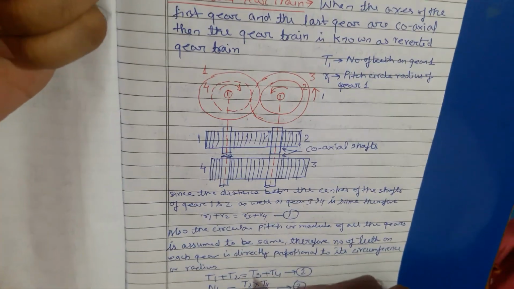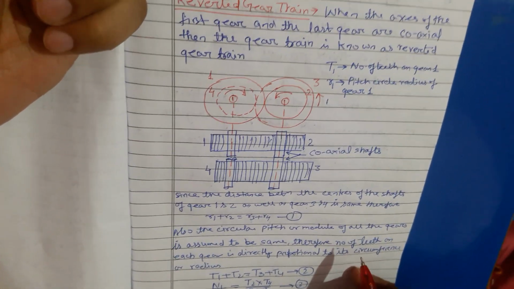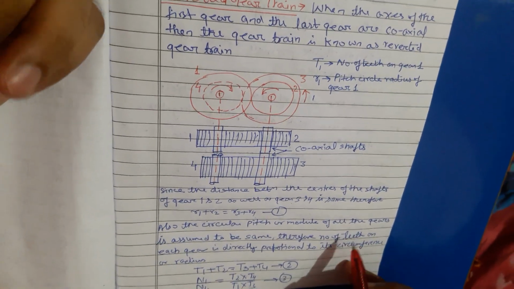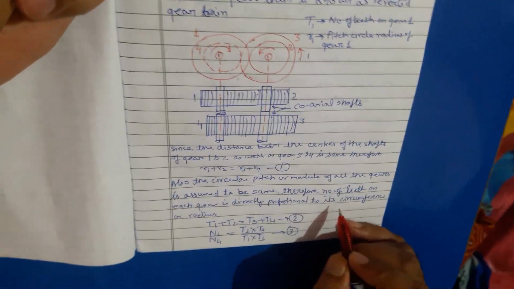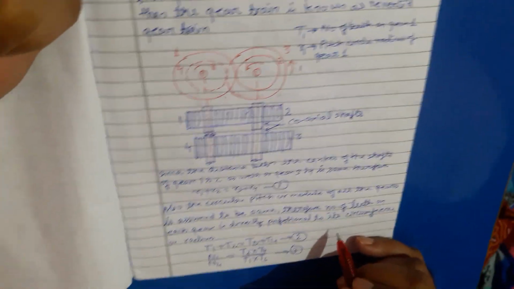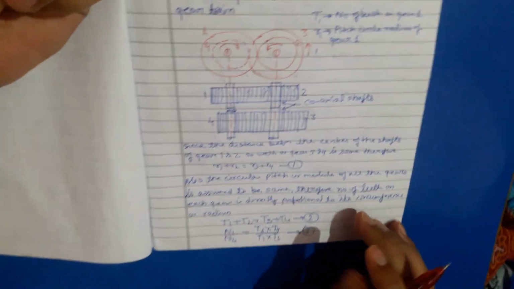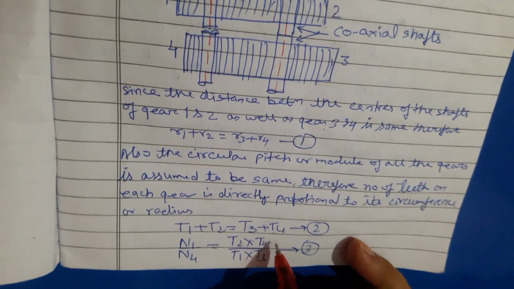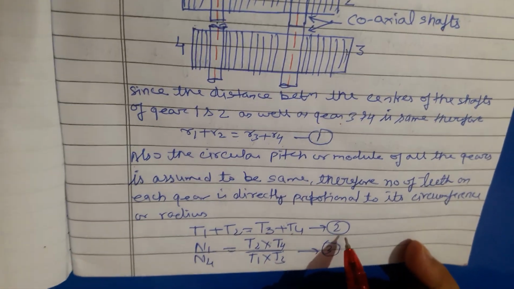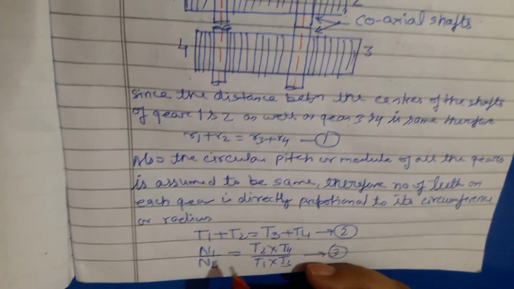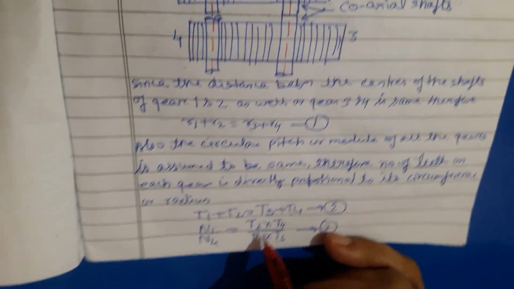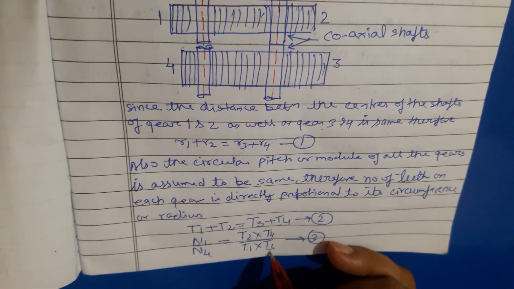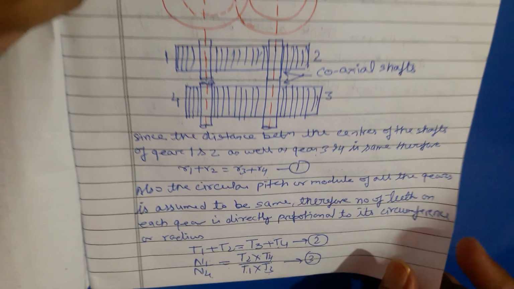Also, we consider the circular pitch or module of all the gears to be the same. Therefore the number of teeth on each gear is directly proportional to its circumference, or you can say T1 plus T2 equals T3 plus T4, as mentioned in equation number 2, same as N1 upon N4 is equal to T2 upon T1 multiplied by T4 upon T3, that will be equation number 3.